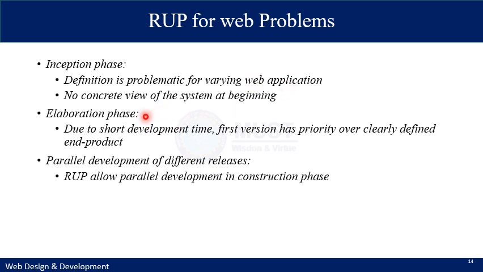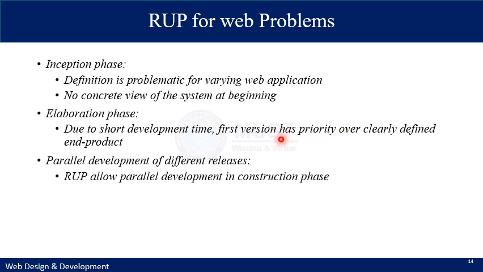In the elaboration phase, you can also feel a problem of short development time, because in the iterative or incremental model, you have to deploy your first version very early. So the first version has priority over the clearly defined end product.